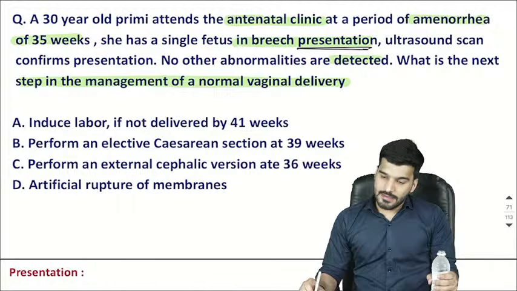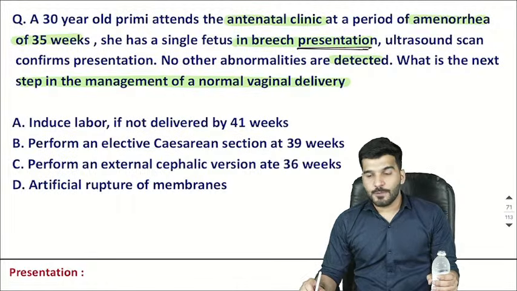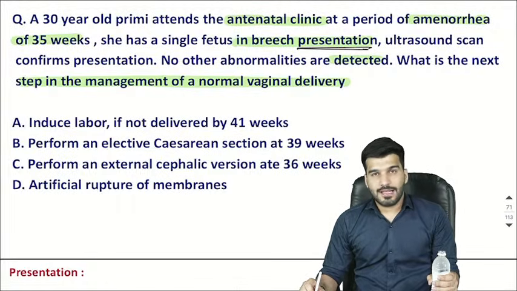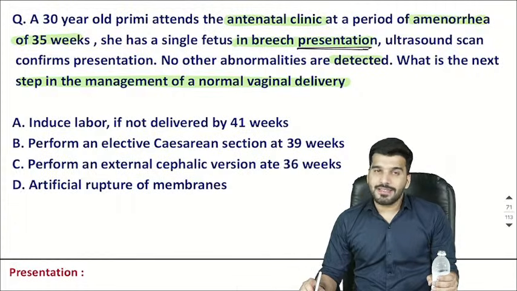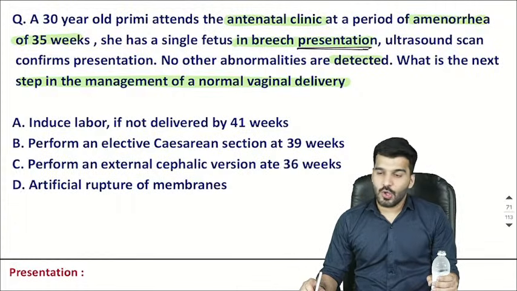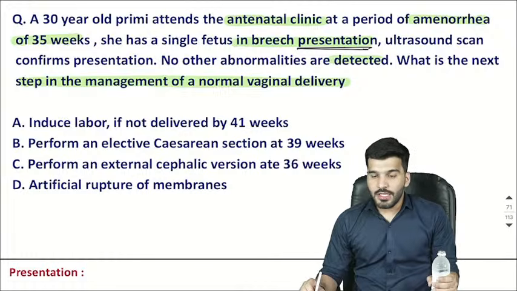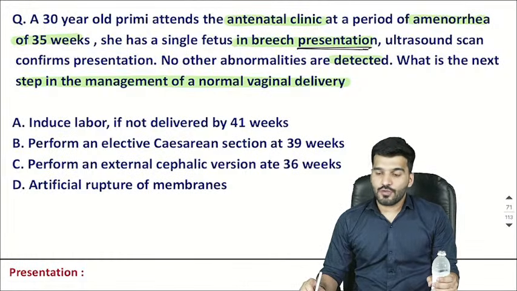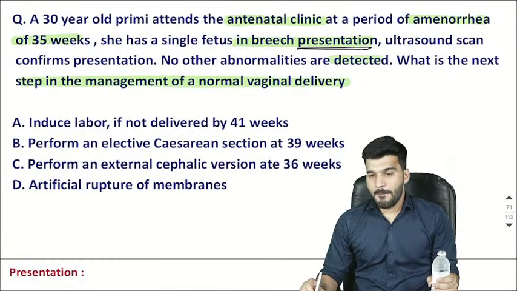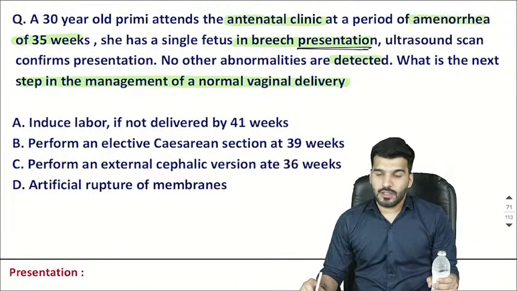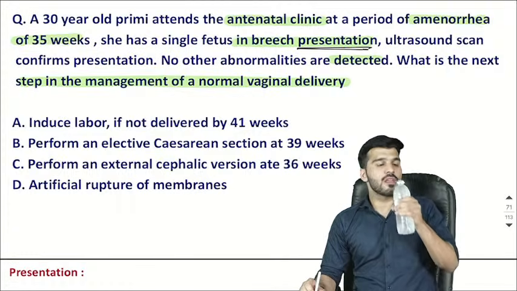Now if head is there, we call it a cephalic presentation. If buttocks are there, we call it a breech presentation. If shoulder is there, we call it a shoulder presentation or a transverse presentation. Now if we have to deliver this baby by NVD, what can we do? So write down in the chat box, everyone.